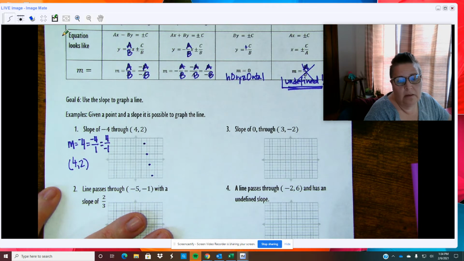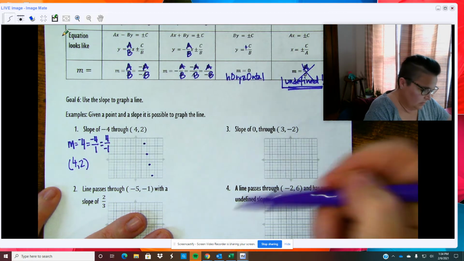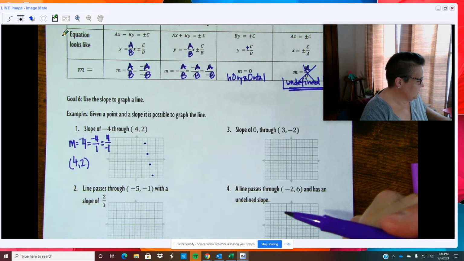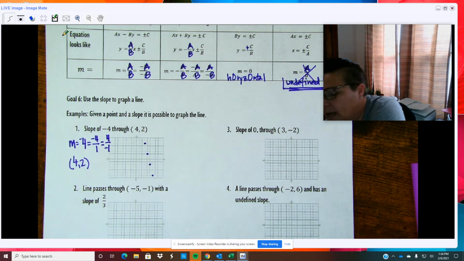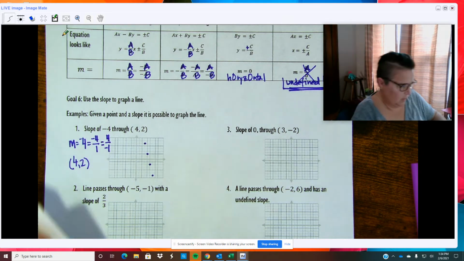That should be the same. So now I've got 4 points, and I can graph my line. Where's my straight edge? Okay.